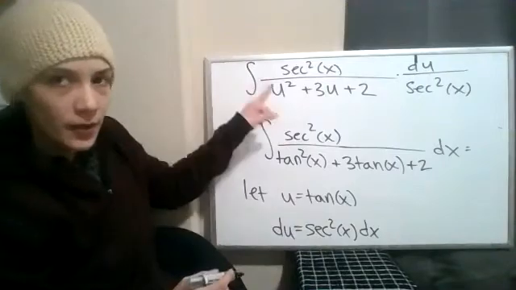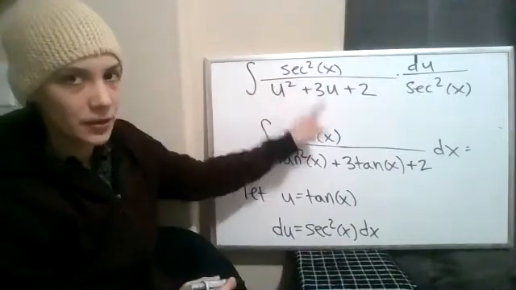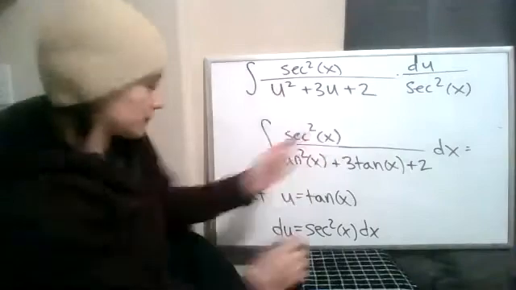So now we have 1 over u squared plus 3u plus 2 du.